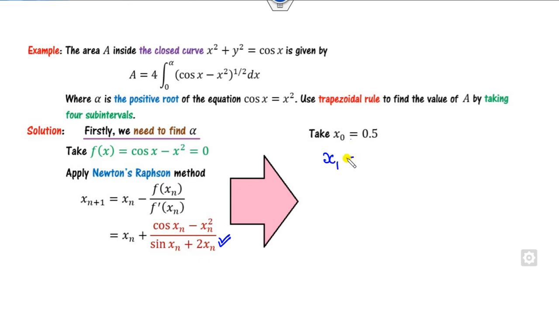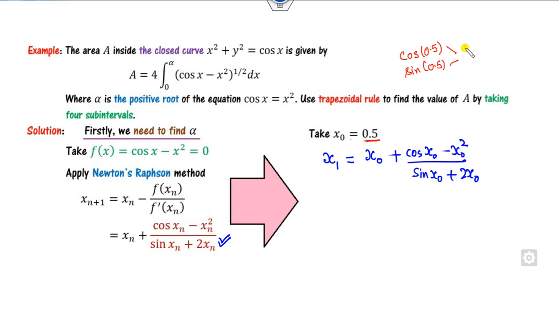You will get x1, which is x0 plus (cos x0 minus x0 square) over (sin x0 plus 2 x0). Since x0 is 0.5, I can substitute here. Make sure whenever you are trying to find the value of cos 0.5 or sin 0.5, set your angle in radians in your calculator.